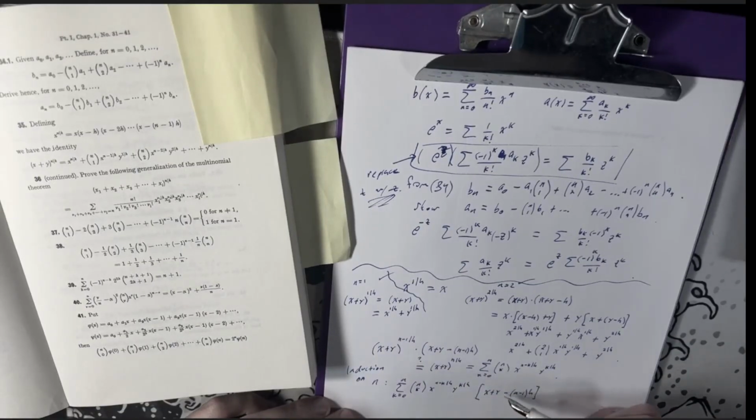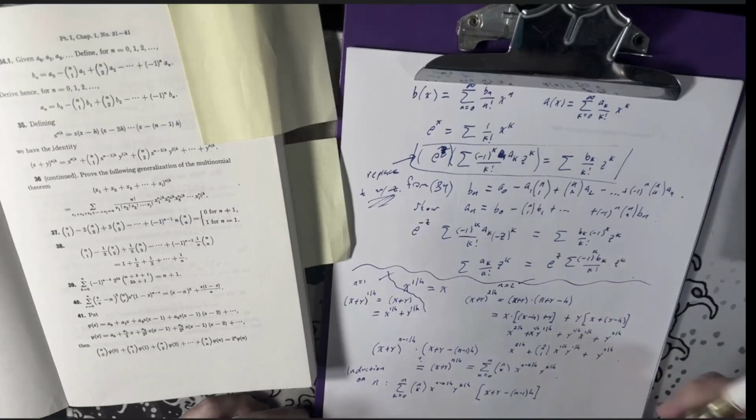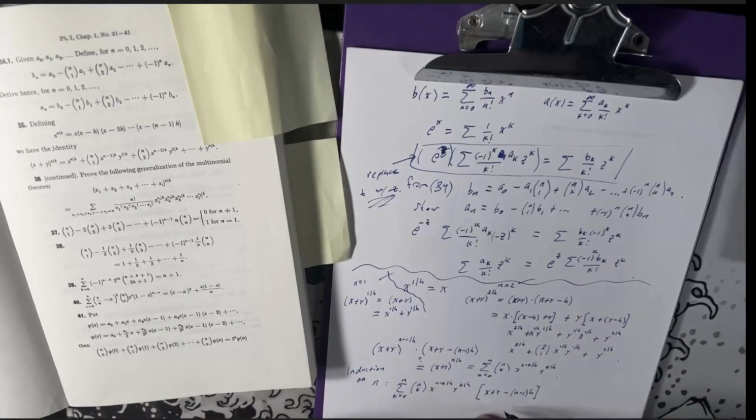So again, this would be n terms. That would be the last factor. There's n factors, starting at just x plus y minus 0h, x plus y minus a single h, down to x plus y minus n minus 1 h's.